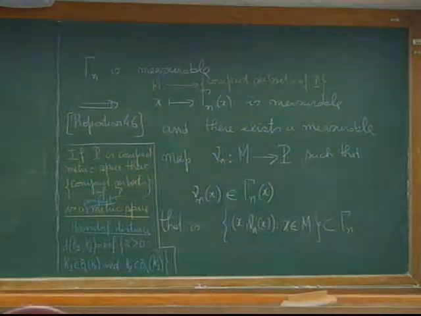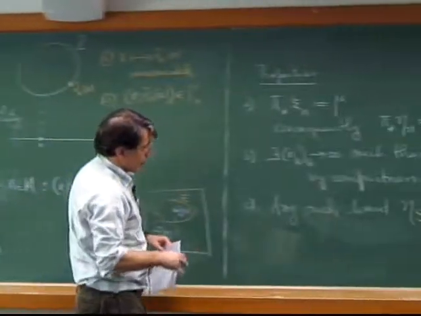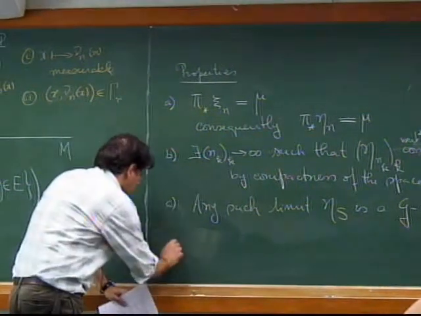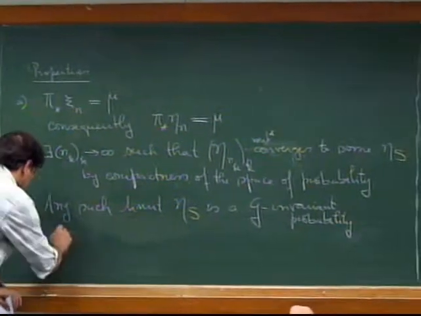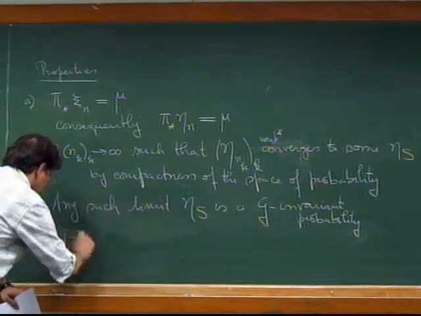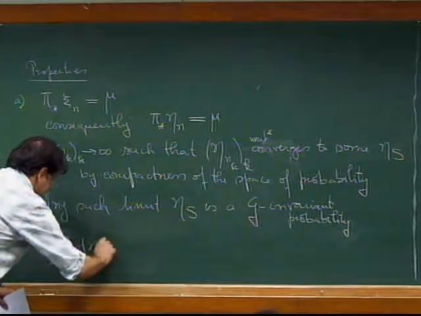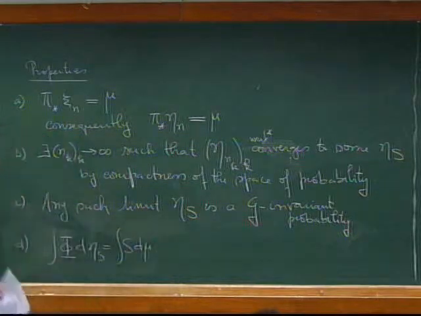But it's not invariant, so I have to do something to make it invariant, and this is the usual trick. Take the Cesaro average, take the limit, and from the construction you also get that the integral of phi d eta s is equal to the integral of s d mu.